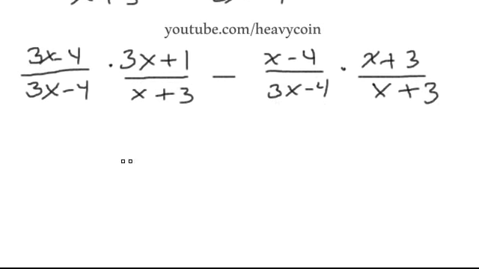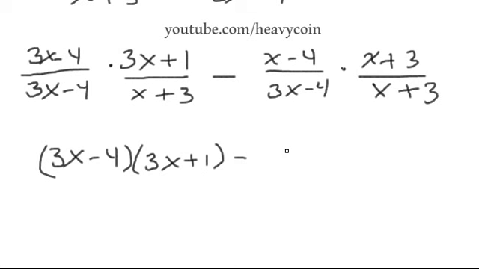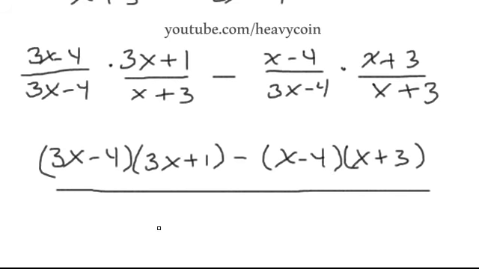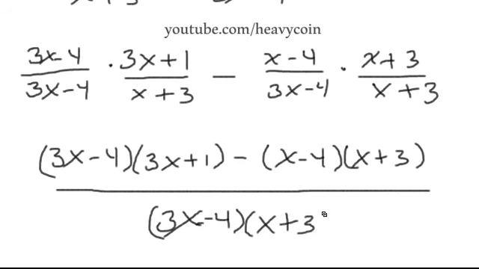Now we have a common denominator, so we end up with 3x minus 4 times 3x plus 1 minus x minus 4 times x plus 3, and that's going to be all over 3x minus 4 times x plus 3.